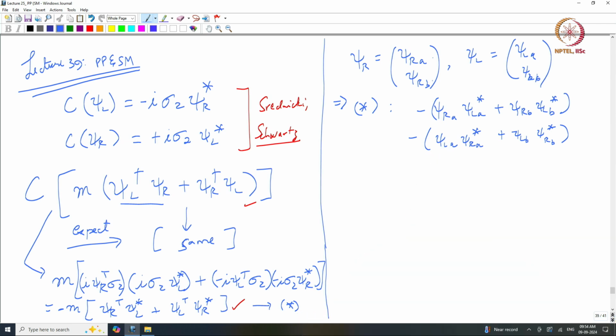Now, I am going to claim that this is psi l a star psi r a plus psi l b star psi r b, plus psi r a star psi l a plus psi r b star psi l b. What have I done here? I have just switched these two terms, everywhere. However, notice that I have also dropped the minus sign.